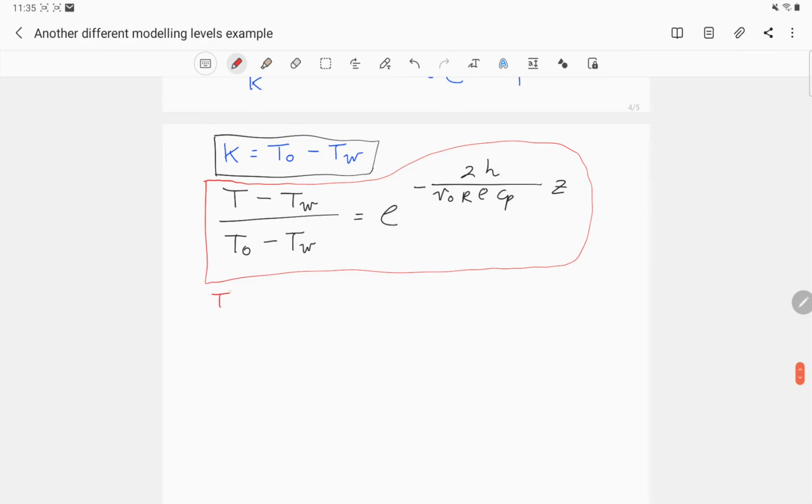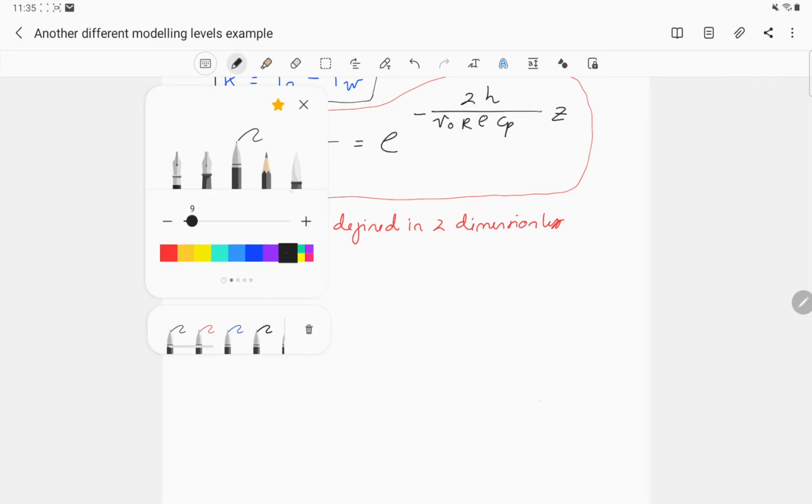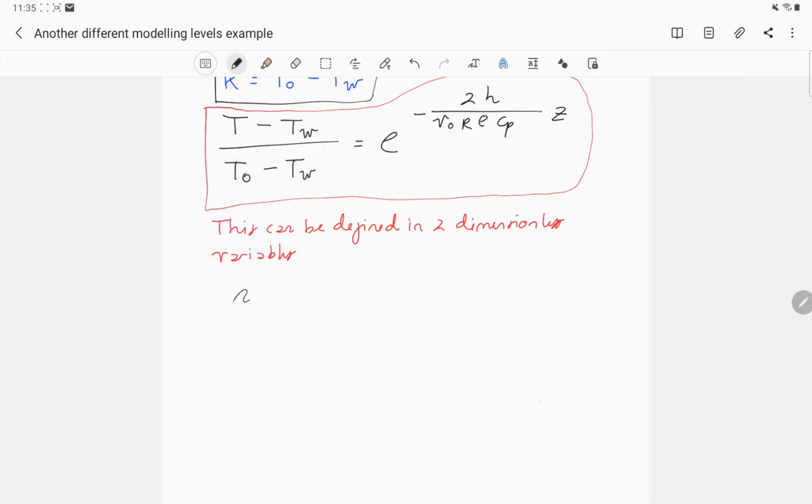So in essence, this equation can be defined in two dimensionless variables. Okay, so the first one is the one on the left hand side, that will be T minus Tw divided by T naught minus Tw.